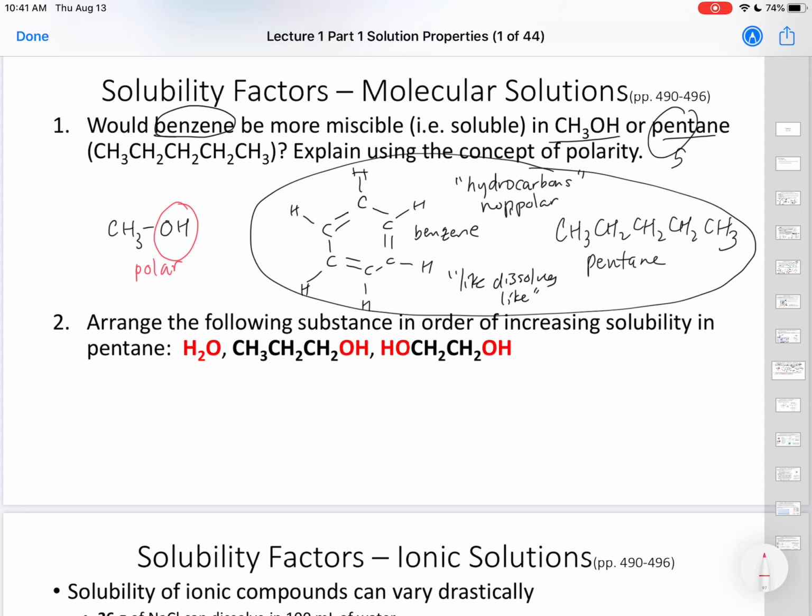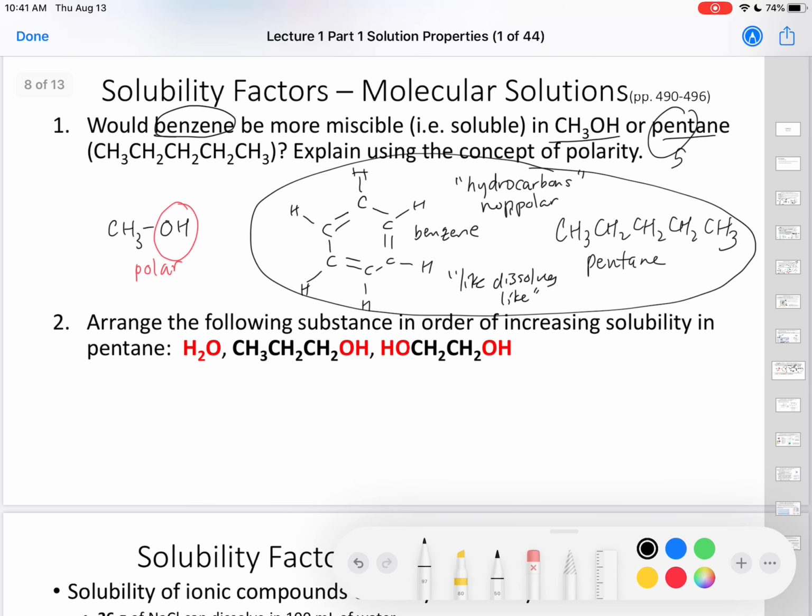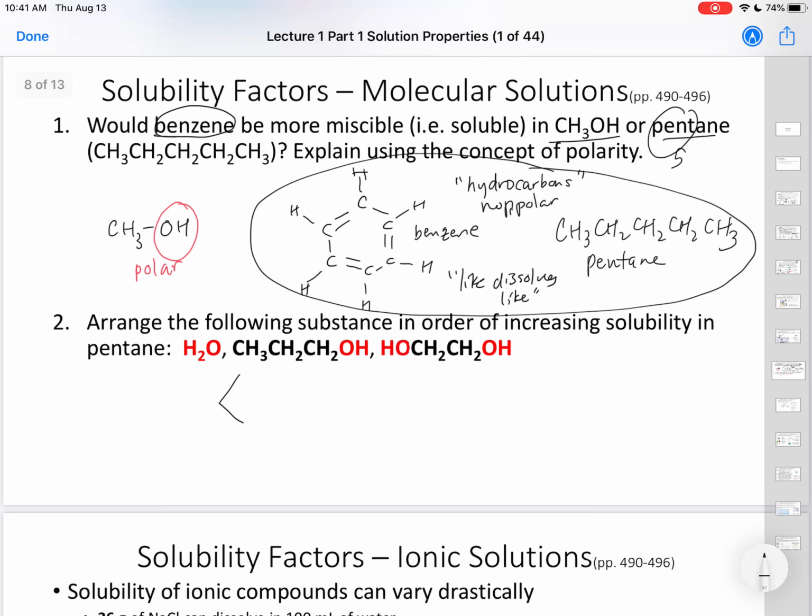Another kind of problem is they're asking you to arrange the following substances in order of increasing solubility in pentane. Pentane is a nonpolar hydrocarbon.